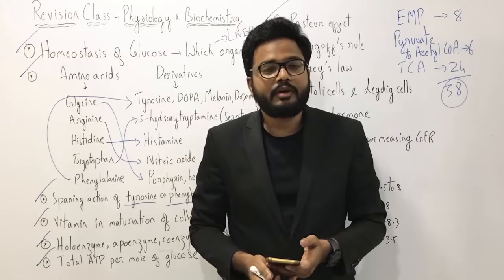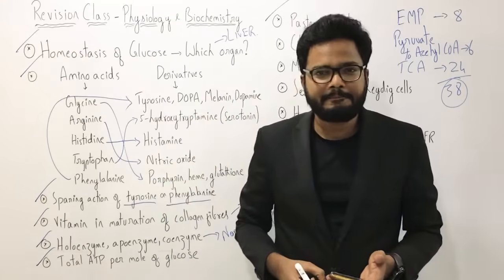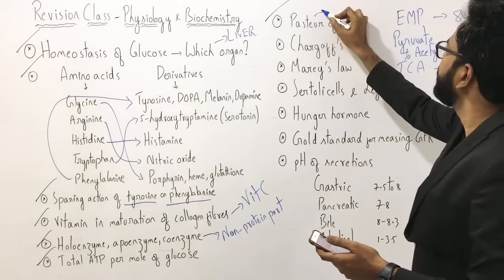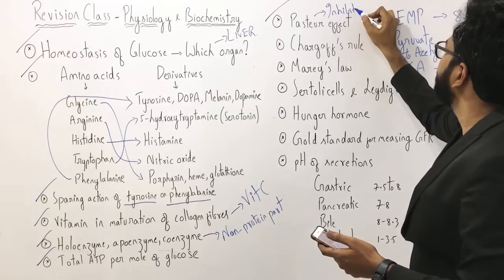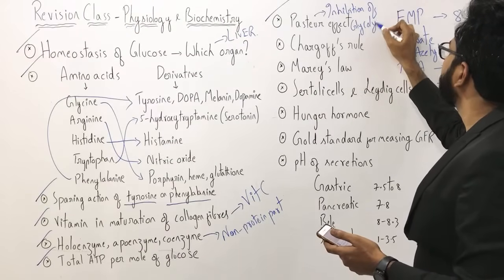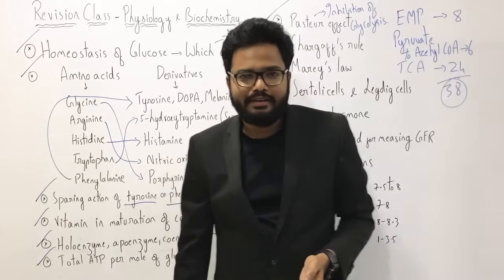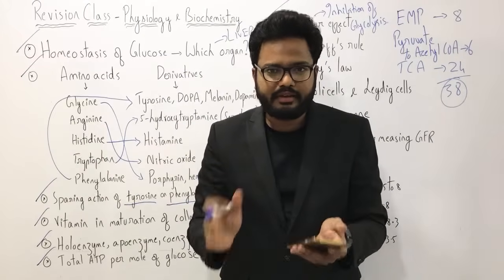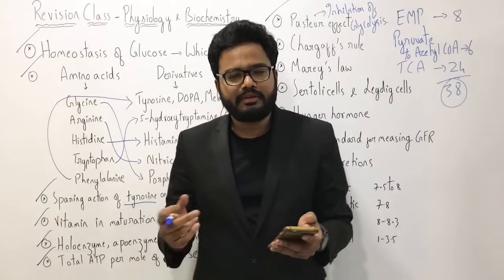Why? It's because of inhibition of which of the following enzymes in the glycolysis pathway? Phosphofructokinase. And also make sure that you remember all rate limiting enzymes, key enzymes in various cycles. Consider that very important as well.